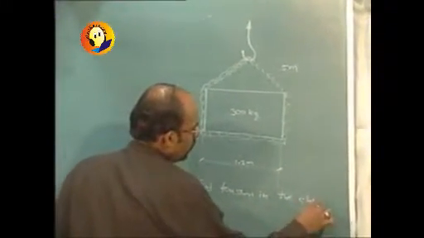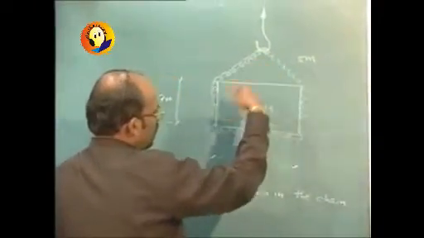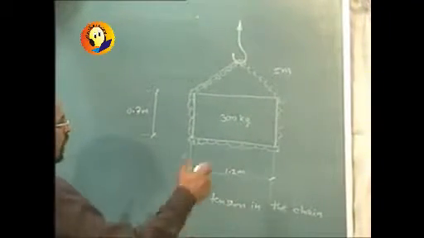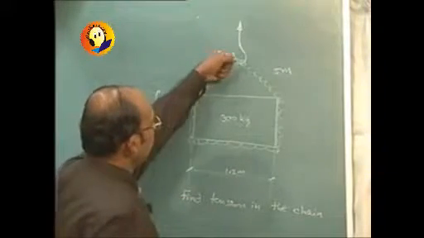It's a closed loop of chain. It is actually a loop of the chain of 5 meters length. It is put around that block and the block is lifted using the hook.